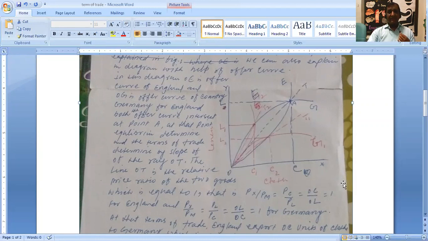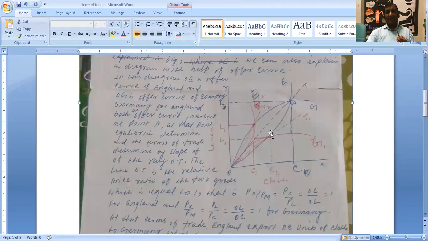On the other hand, suppose the elasticity of demand for linen in England is inelastic.